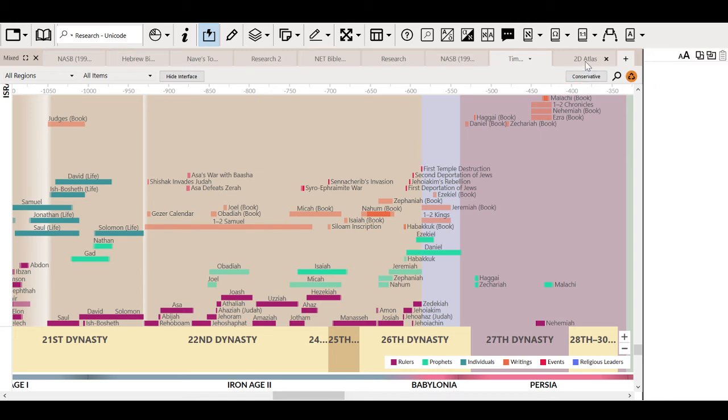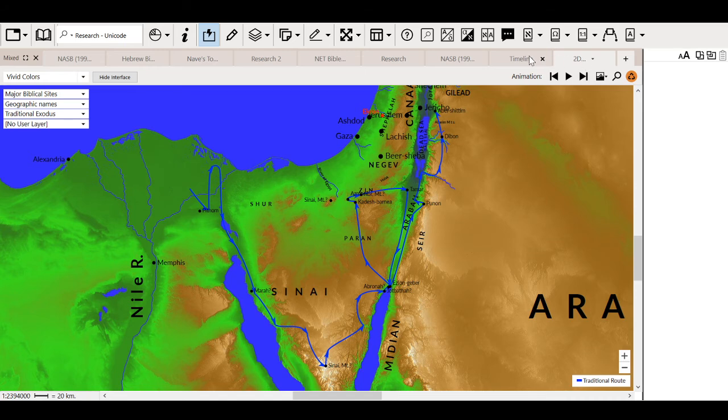If I want to search, for example, the map here, I want to look at the location of, let's say, this word here. I often wonder where is Elephantine.